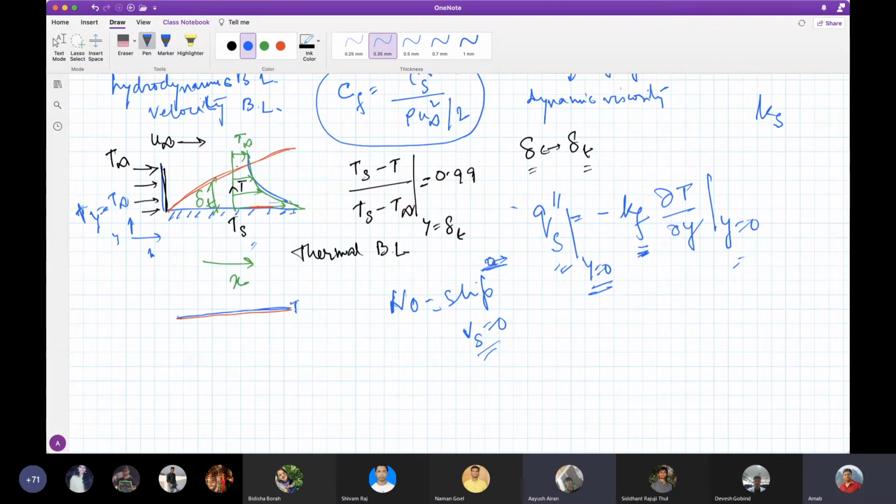But we will not go into that discussion. So the usual convention, to make things simpler, is that we most of the time consider there is no velocity near the surface.